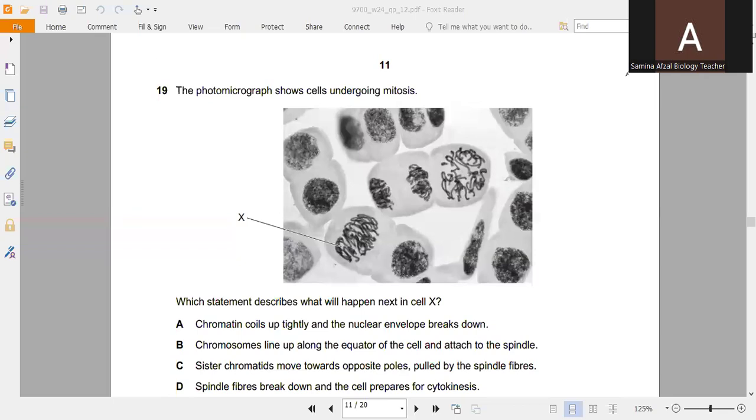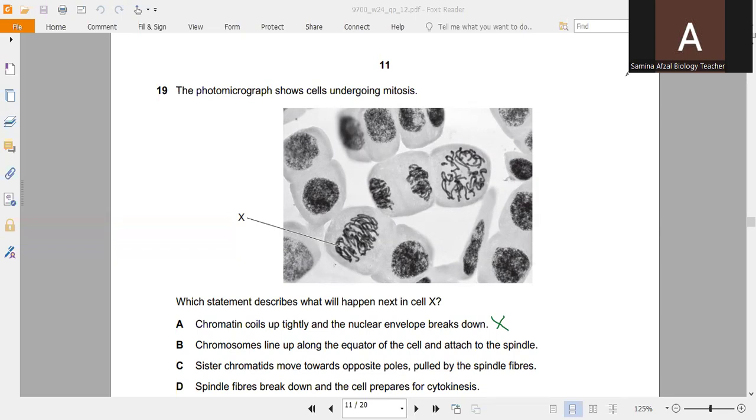The first statement is chromatin coils up tightly and the nuclear envelope breaks down. It has been done. Now they are condensed, they are present almost in the center. Chromosomes line up along the equator of the cell and attach to the spindle.